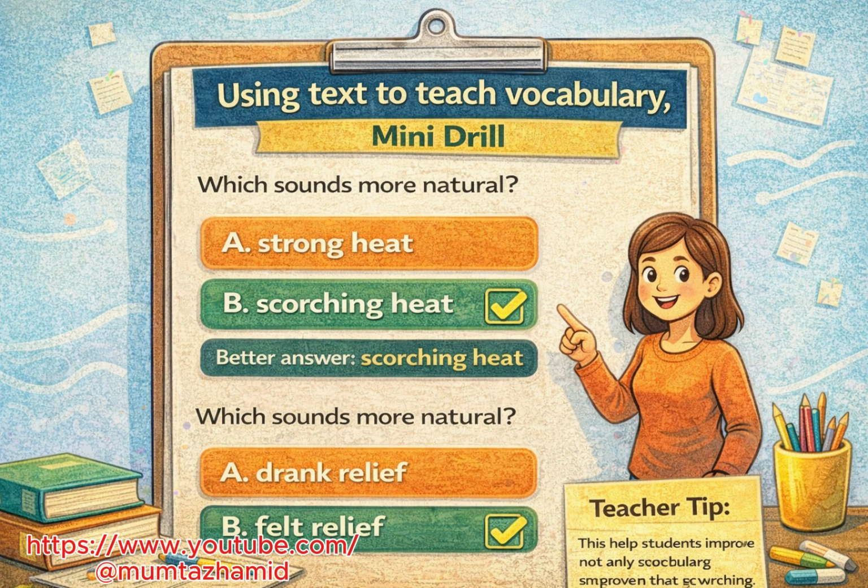A. Strong heat. B. Scorching heat. Better answer: scorching heat. Which sounds more natural? A. Drank relief. B. Felt relief. Correct answer: felt relief. This is how texts help us teach natural English, not just dictionary English.